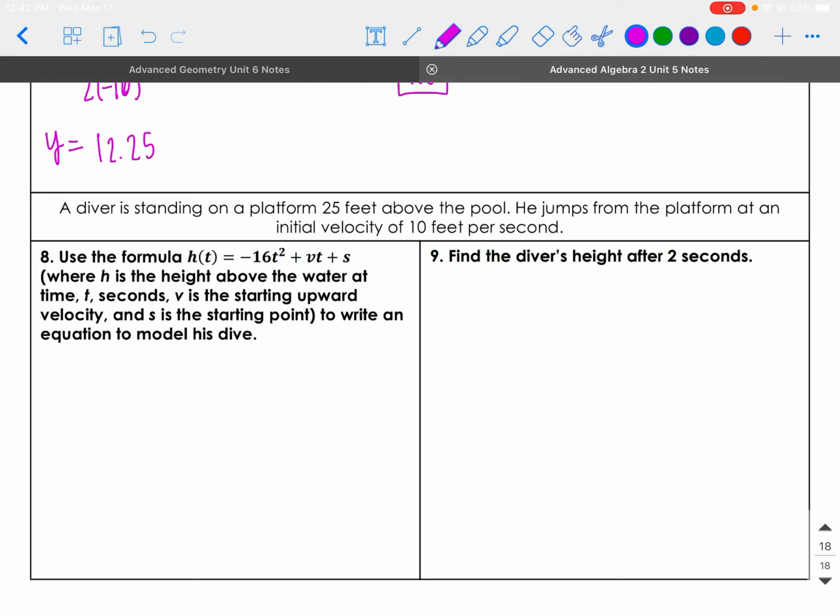So we're given, oh no, we want to write the formula. h of t equals, it's always negative 16t squared plus, velocity is 25, so 25t plus, oh no, I'm backwards, I'm sorry. Velocity is 10. His starting height is 25.